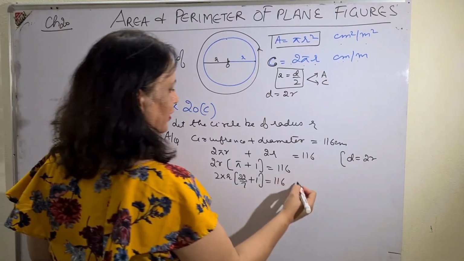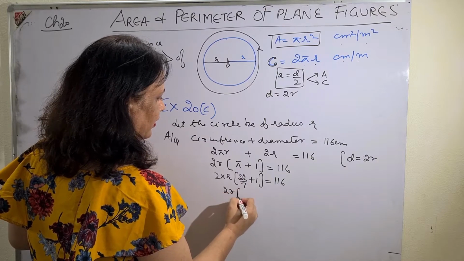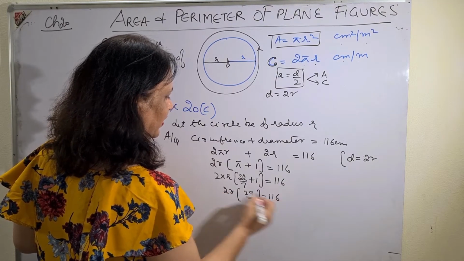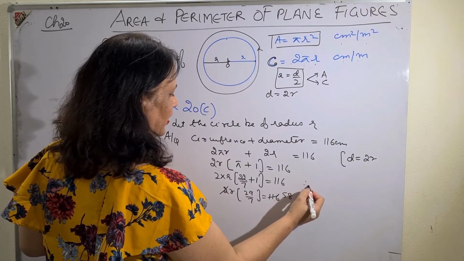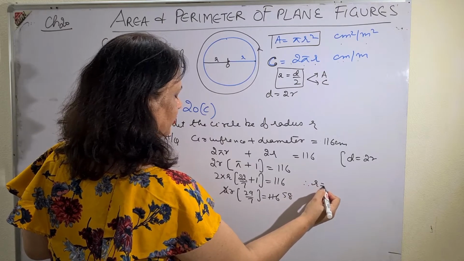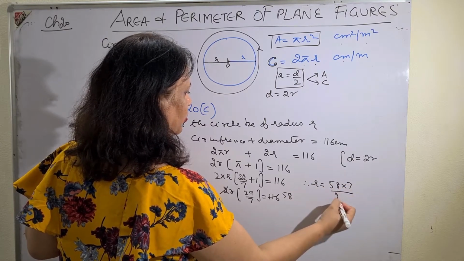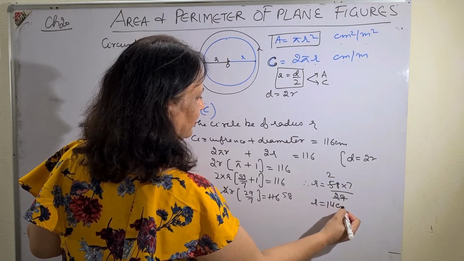So 2r into 29 upon 7 is equal to 116. You can divide and cancel, 2 eights are 16, or otherwise r is equal to 58 into 7 upon 29. 29 twos are 58, so r is 14 centimeter.